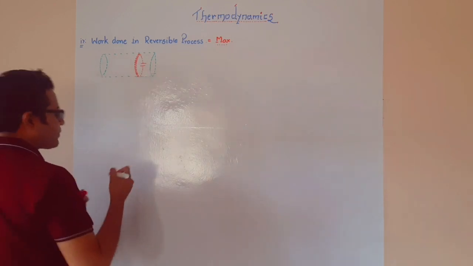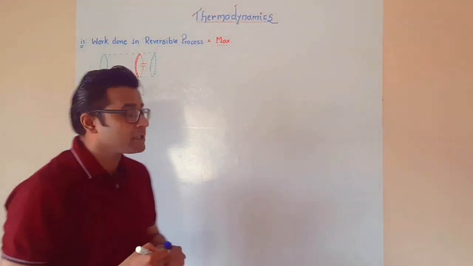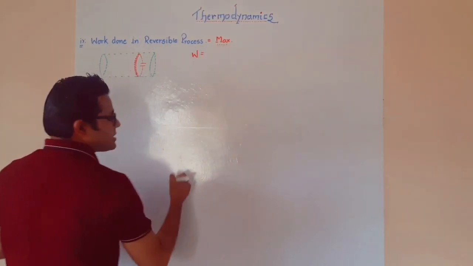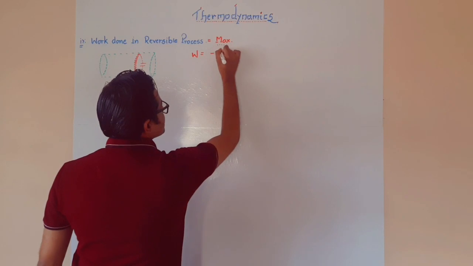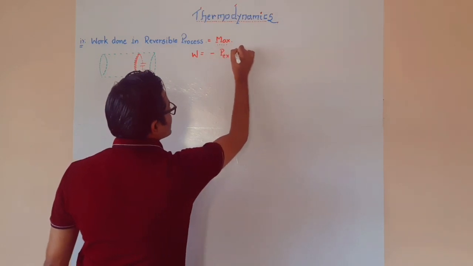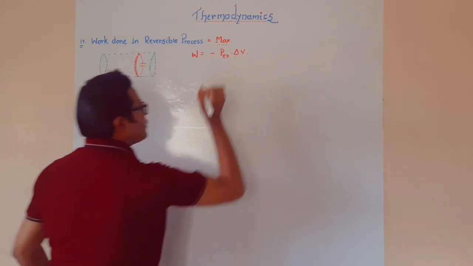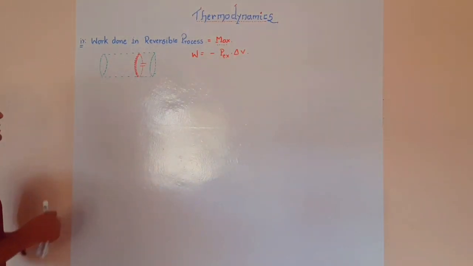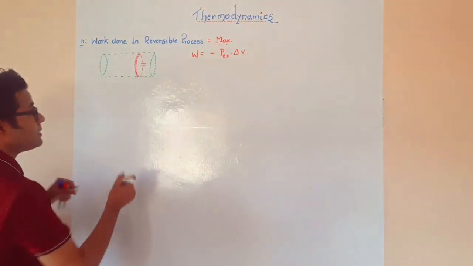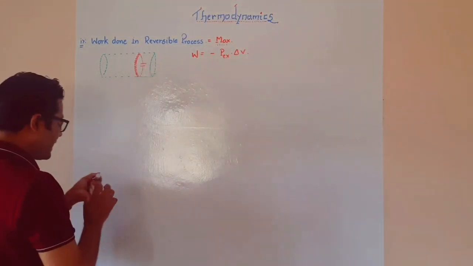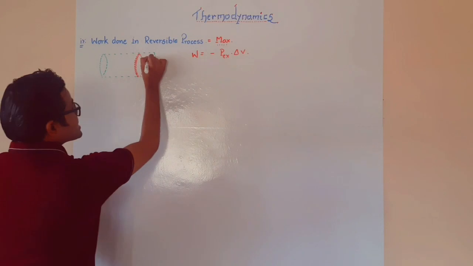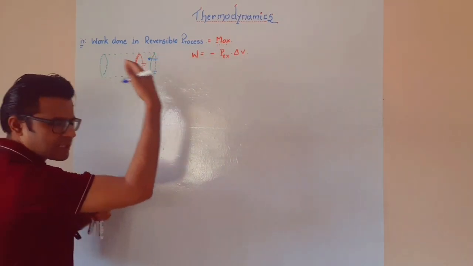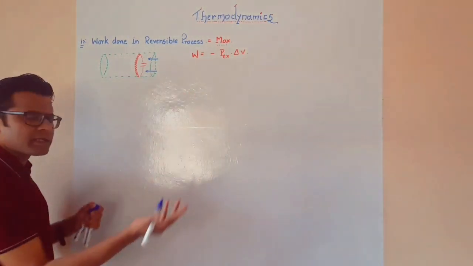When work is done, usually the equation for the work is given as work is equal to minus the external pressure times the change in the volume. Now, in order to say that the work is maximum, the pressure that we subject at this point should be maximum.